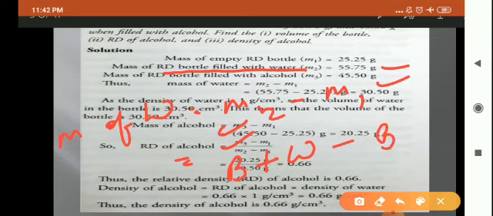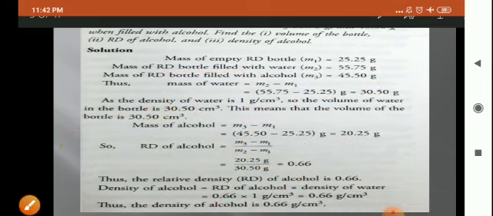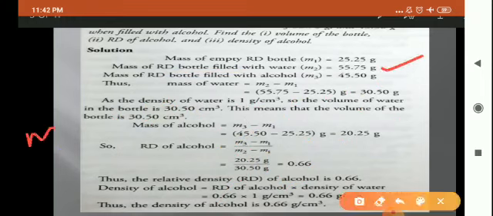Here for explaining you I am keeping these things. Okay, so the mass of the bottle will cancel and you are left with the mass of the water. This was the way of finding the mass of the water. If you want mass of water, then M2 minus M1.